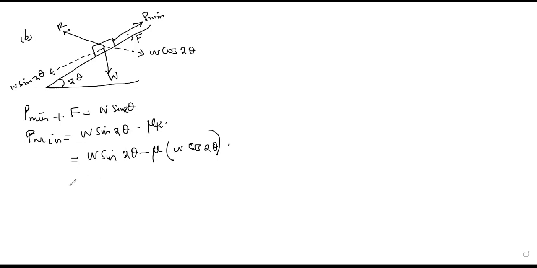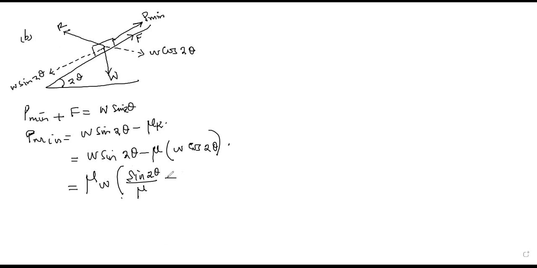I can move out mu W, because for my answer, they just want mu W only. So we have to reduce all these things to mu W. So let me move it out: mu W into sine 2 theta over mu, so that when I multiply, I come back to this.